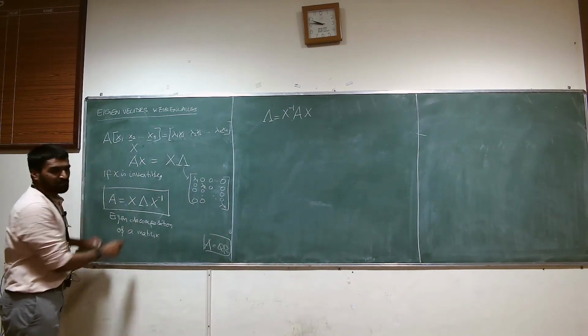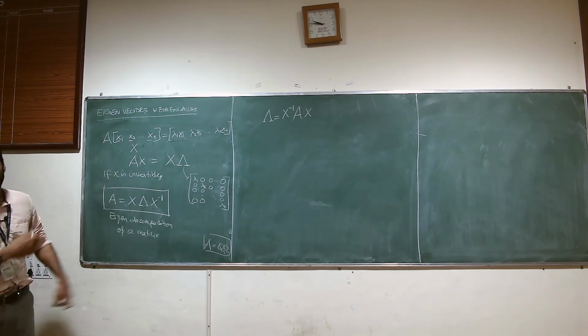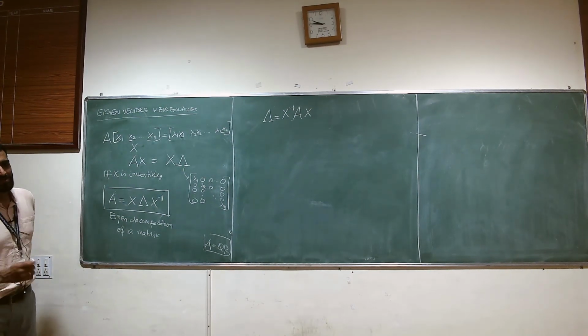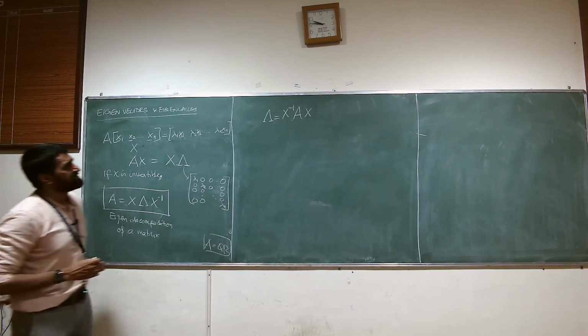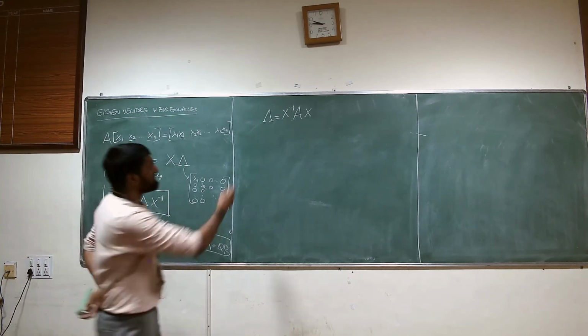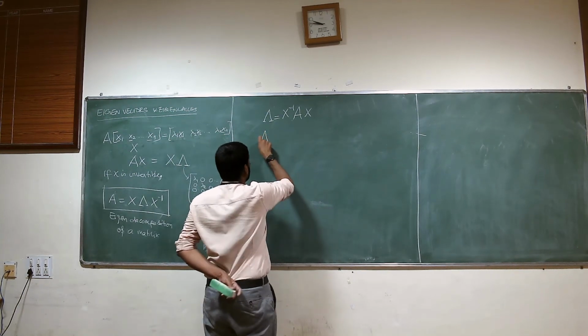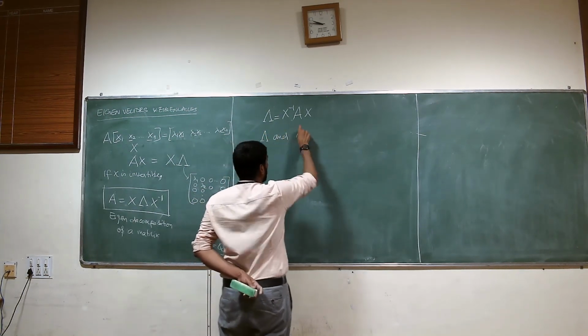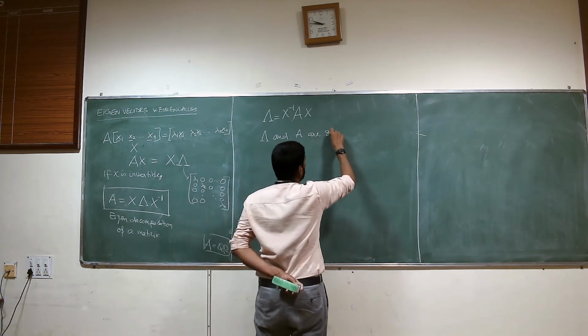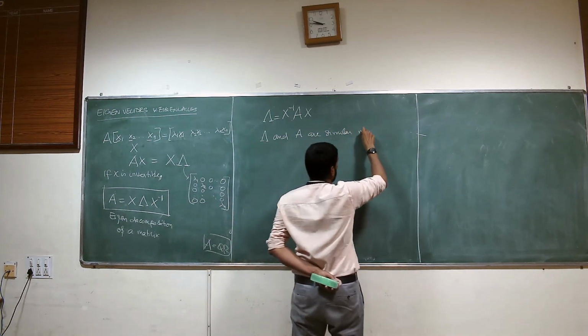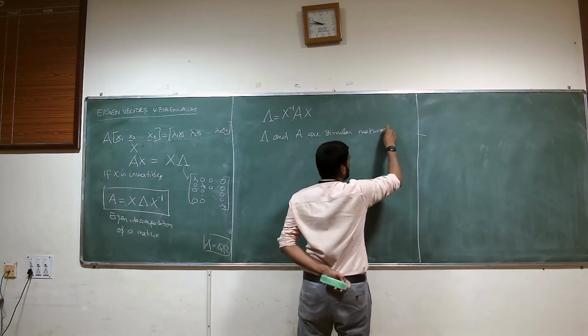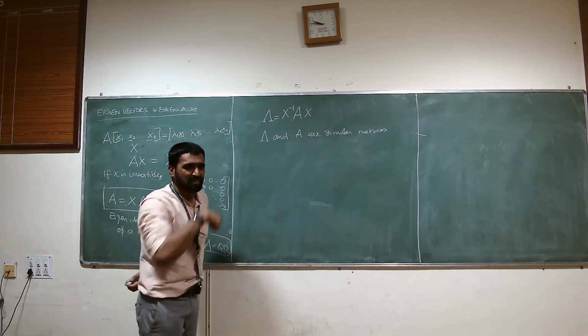Are A and lambda similar matrices now? Yes, right. It does look like a similarity transformation, so in fact, they are. So lambda and A are similar. But what does it mean when we say two matrices are similar?